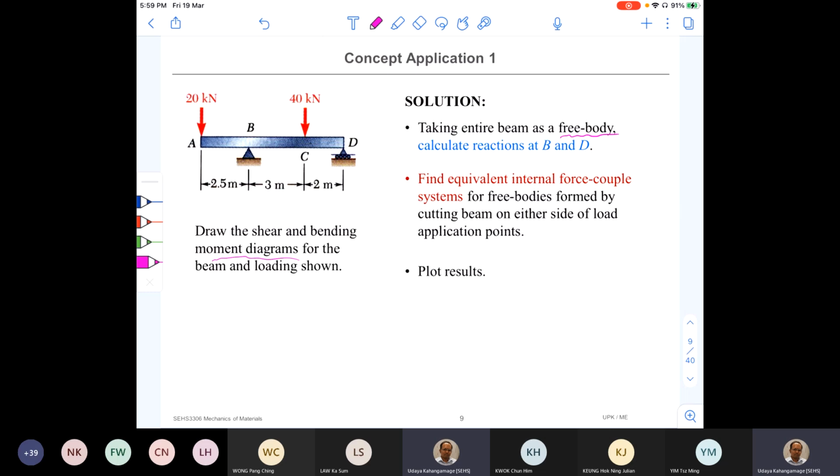Therefore, to draw the bending moment diagram and the shear force diagram, we need to cut this beam at 3 locations: from A to B first, then B to C, and C to D, and then write the functions for shear force and bending moment. Once you do that, you can construct your shear force and bending moment diagram.